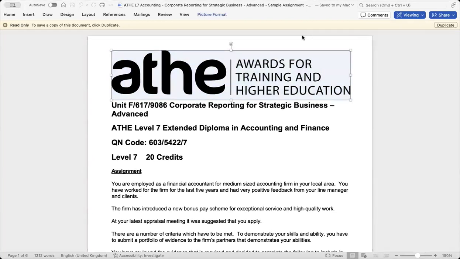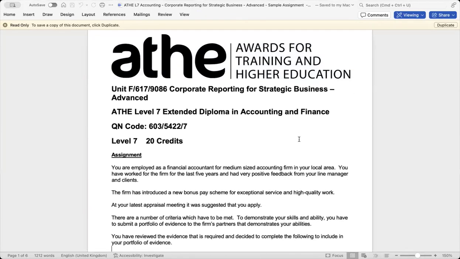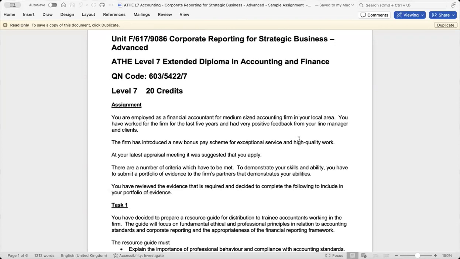Then we will have a detailed discussion of the assignment task, breaking down each requirement and exploring strategies for effectively addressing them. Following that, we will turn our attention to the assessment criteria, which outline the standards for achieving a pass, merit, or distinction in this unit.